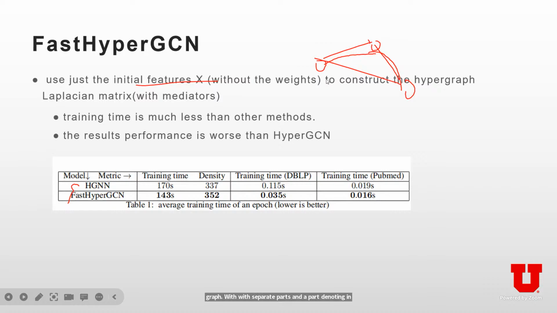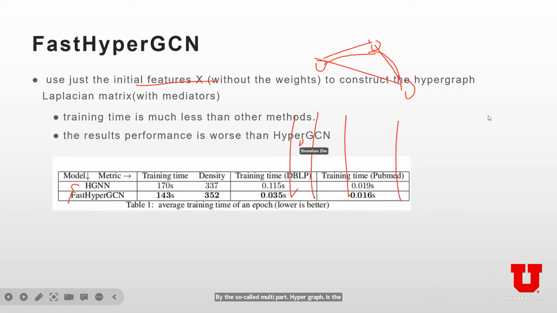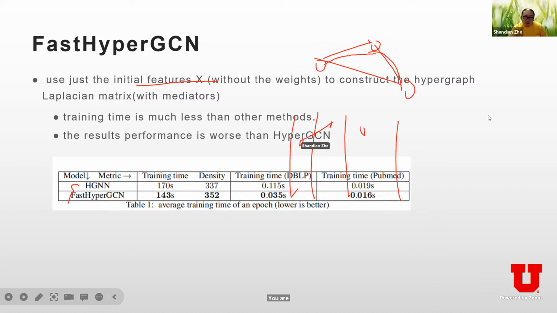So connection only happens between different modes of different parts. The reason is because this is tensor data. You do not assume that the nodes in the same mode will connect to each other. But the so-called multipartite hypergraph is, for each interaction, the hyperedge, you're essentially connecting them together. Yeah.